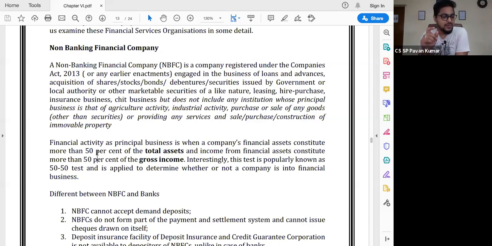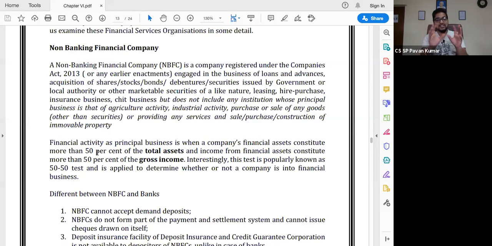An NBFC company is specifically not allowed to do certain types of activities like agricultural activity, industrial activity, trading activity, or providing any services. Okay, and sales and purchase of construction and immovable assets. So it should not do agricultural activity, trading activity, service providing, dealing with immovable assets. All these things they are not supposed to do. They can do only loans, advances, investing in securities, lease financing, hire purchase, insurance financing, chit business.